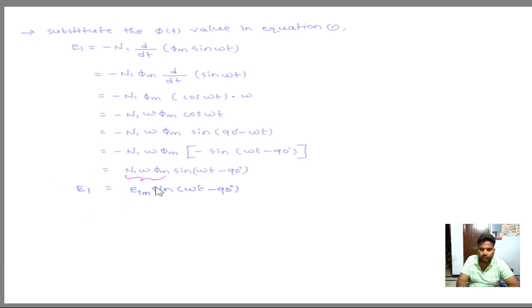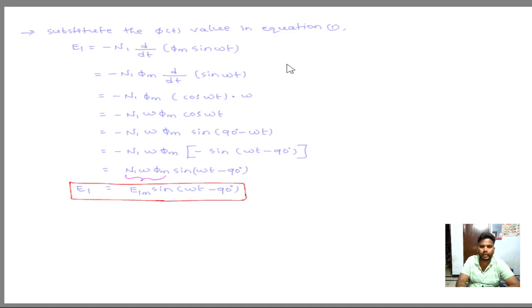This is the alternating voltage equation of the induced EMF in the primary. From this equation, observe clearly, it is E1 max sine of omega t minus 90, and phi is nothing but phi m sine omega t. By comparing these two equations, the induced EMF in the primary is lagging flux by 90 degrees because it is omega t minus 90.